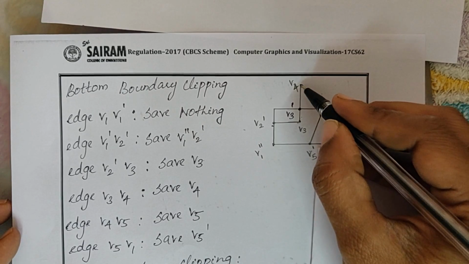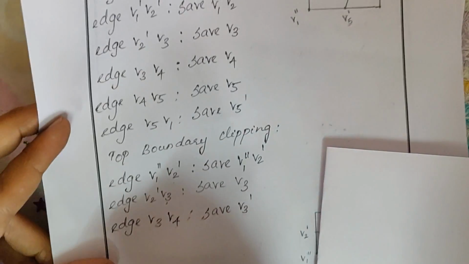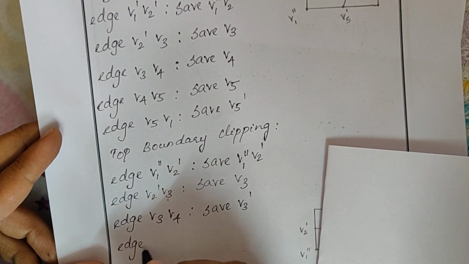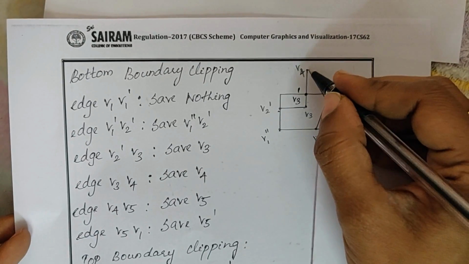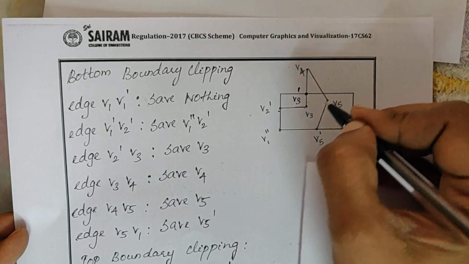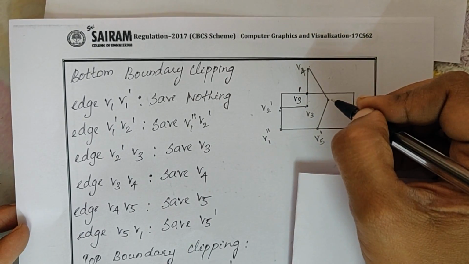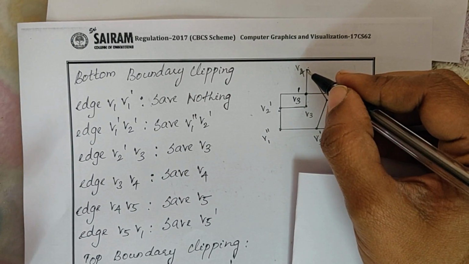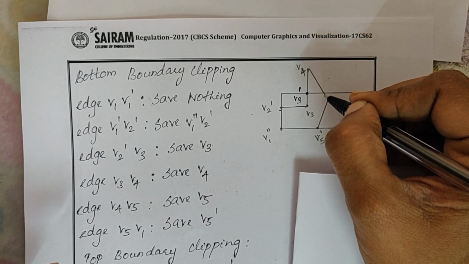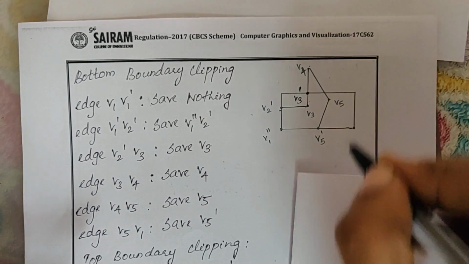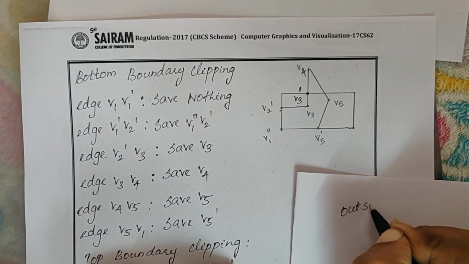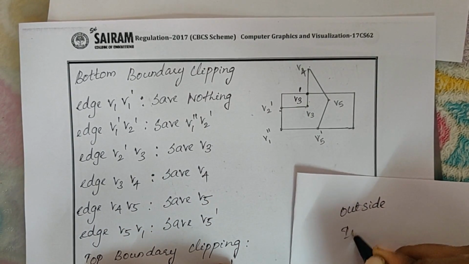Next edge is V4, V5. Again here the starting vertex is outside, ending vertex is inside.